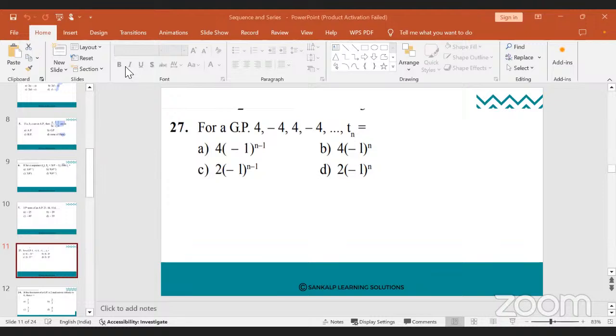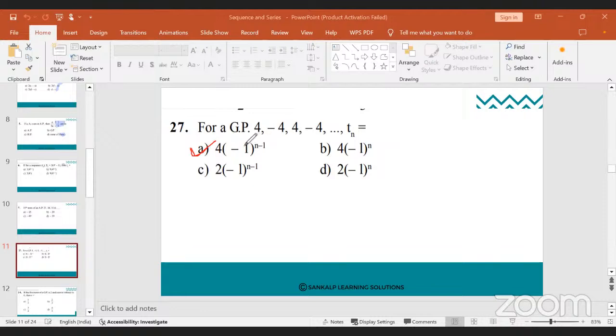Okay, so I am receiving many answers. It is nothing but a direct question: nth term of a GP. Its formula is a into r raised to n minus 1.